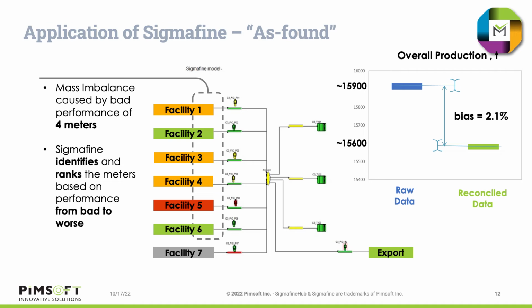The Sigmafine model could give the first indication that there is potentially a problem in the measurement across the facility, with the bias between the raw data and the reconciled data exceeds 2%. The model could even rank the meters based on their performance, which helped further with the investigation.